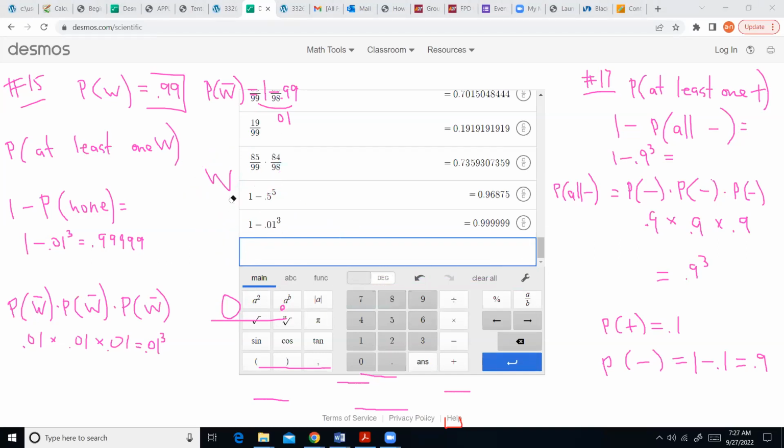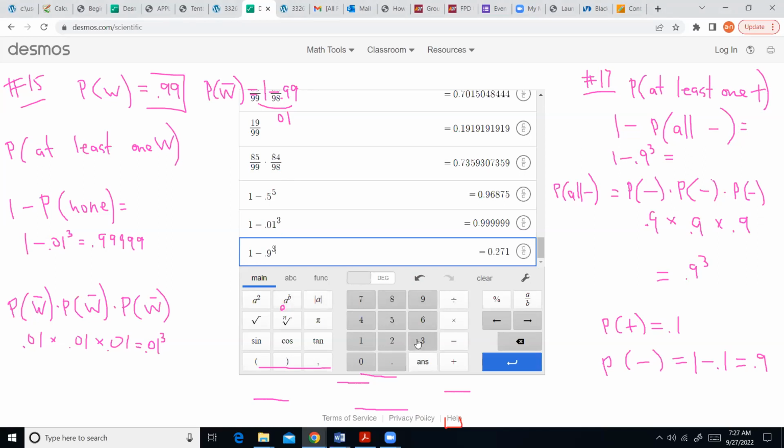Notice that above, I had a couple of times already entered this 1 minus 0.9, so it's not positive, raised to the power of 3.